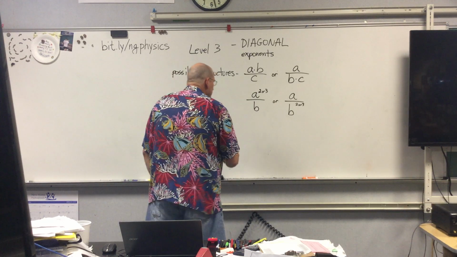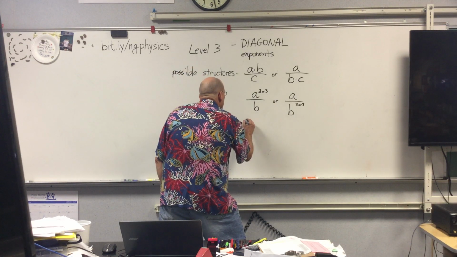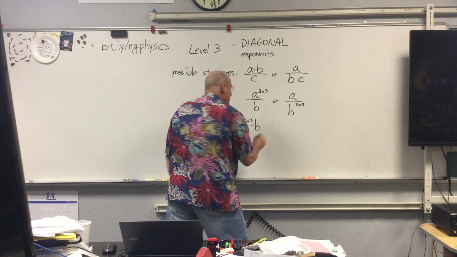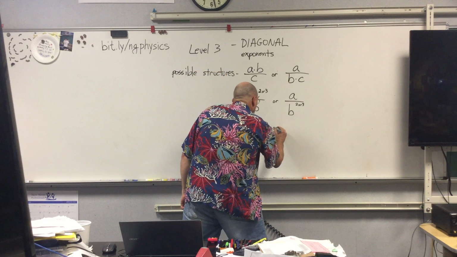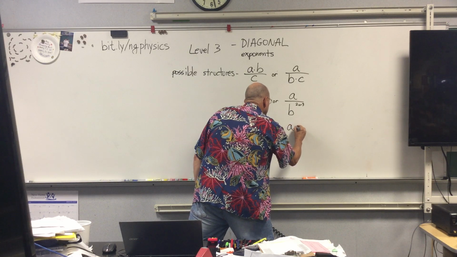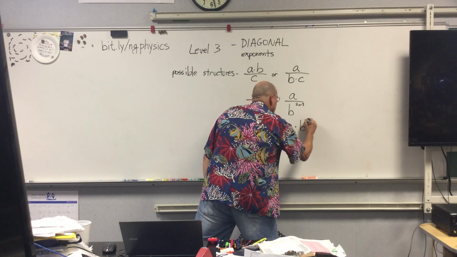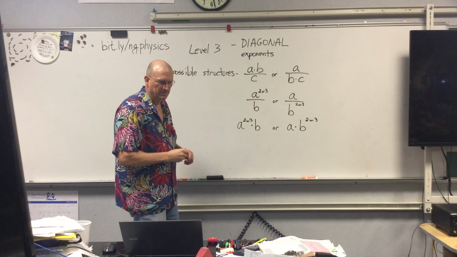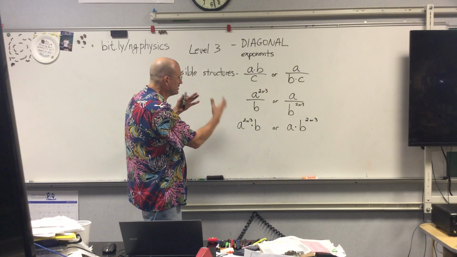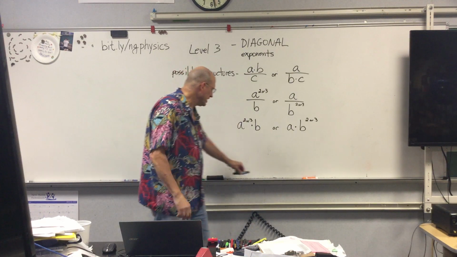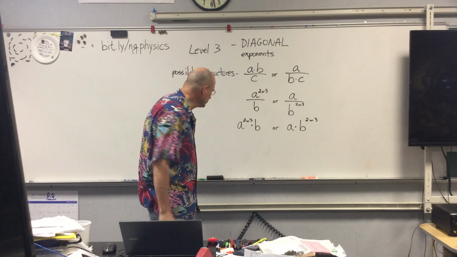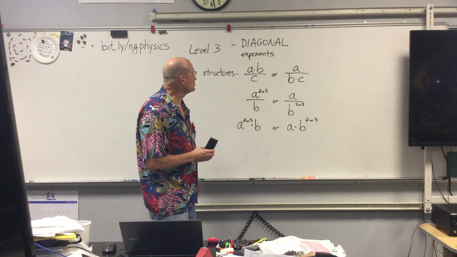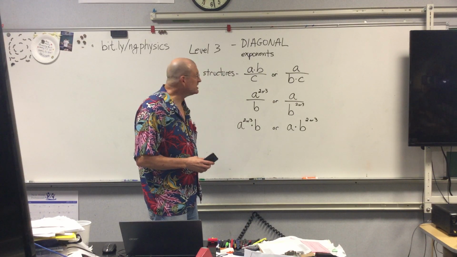The other two possibilities are A being squared or cubed times B, or A times B being squared or cubed. Okay, so these are the different possible structures that I consider to be a level 3 type difficulty.